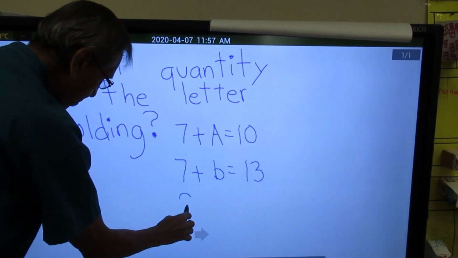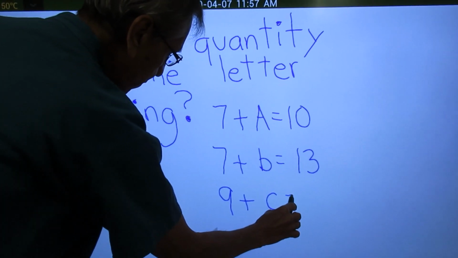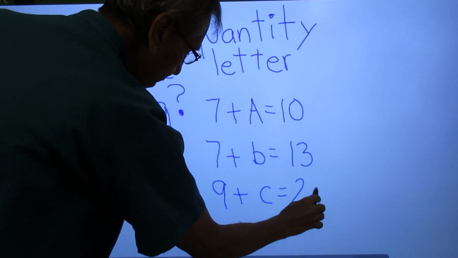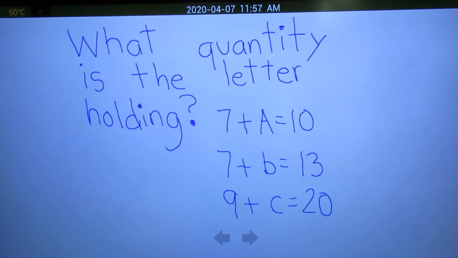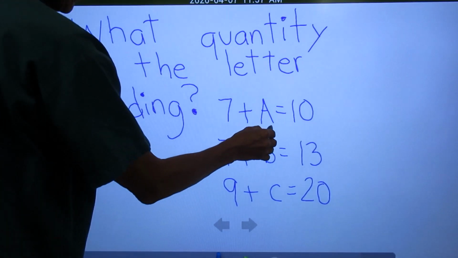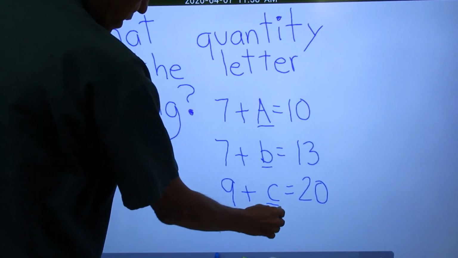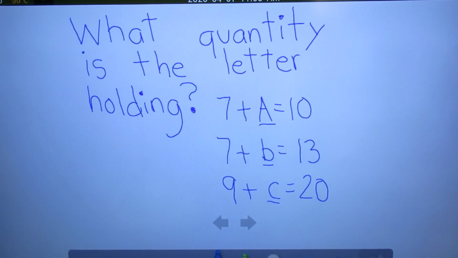Or you can change the numbers. 9 plus C equals 20. And then you play the game. What quantity is the letter holding? Okay?